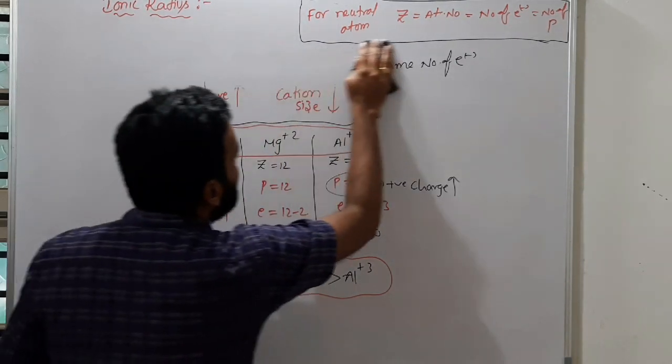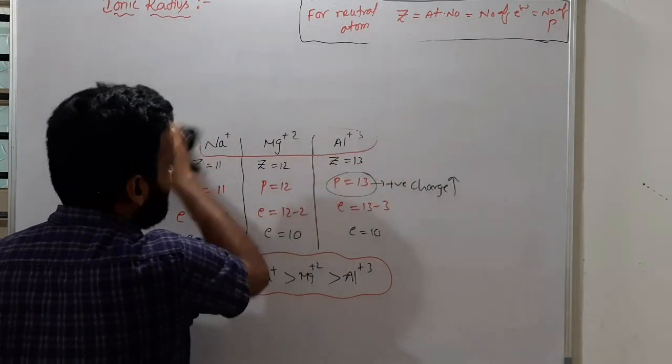Next, anionic radius. What is anionic radius?